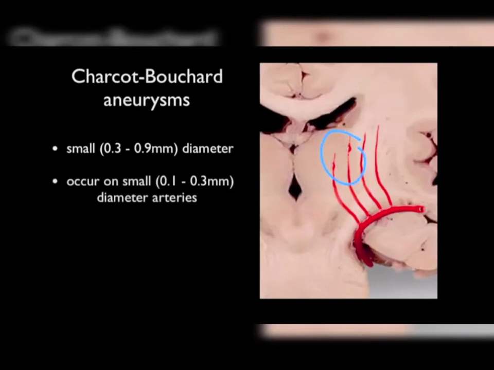They are somewhat controversial and are not usually identified on imaging. The distribution of Charcot-Bouchard aneurysms matches those of hypertensive hemorrhages, with most being found in the lenticulostriate vessels of the basal ganglia.